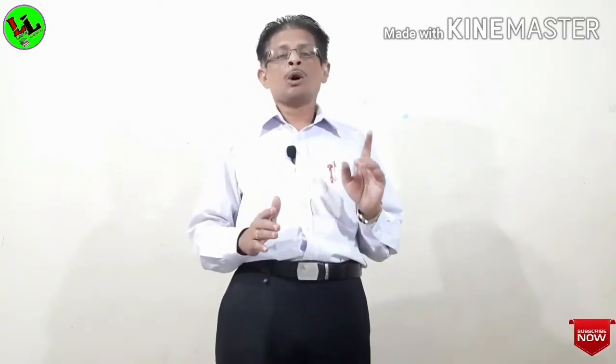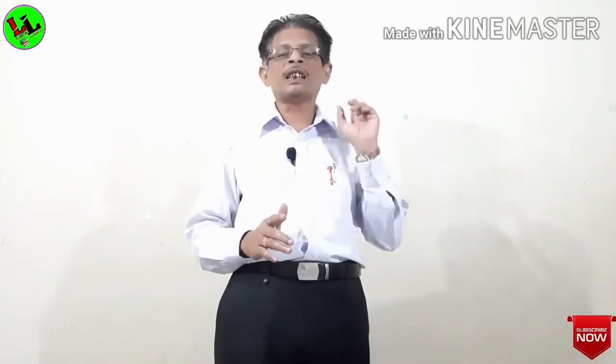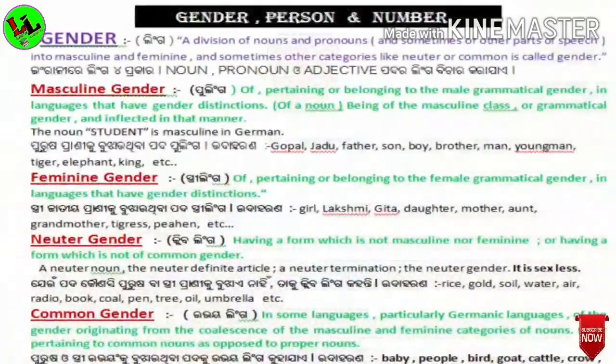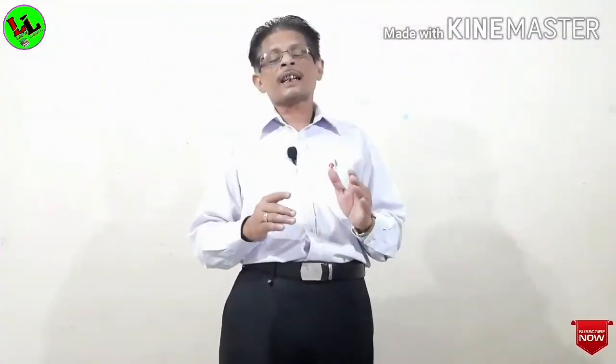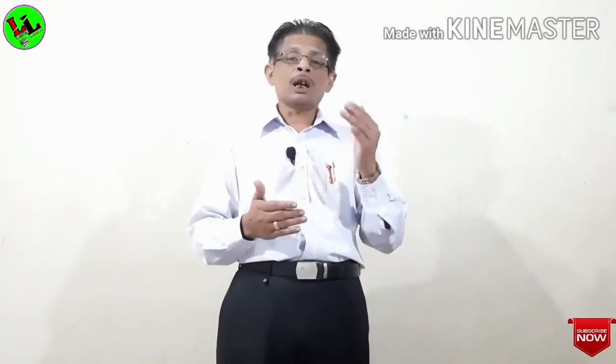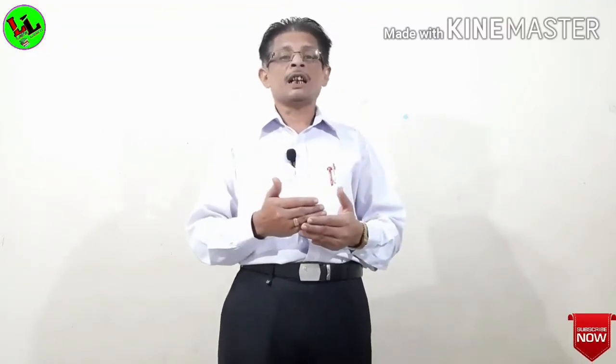And then we will proceed to feminine gender. Of pertaining or belonging to the female grammatical gender in languages that have gender distinctions. Now you see, this gender refers to female sex. Now we can take examples of masculine gender and feminine gender.